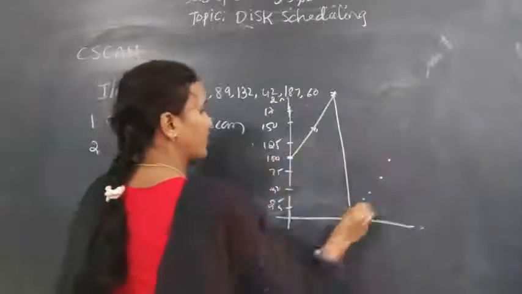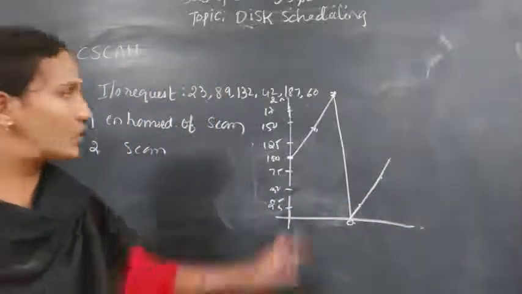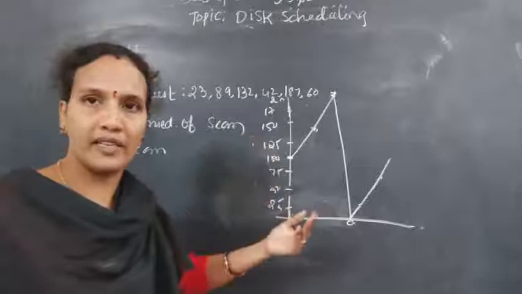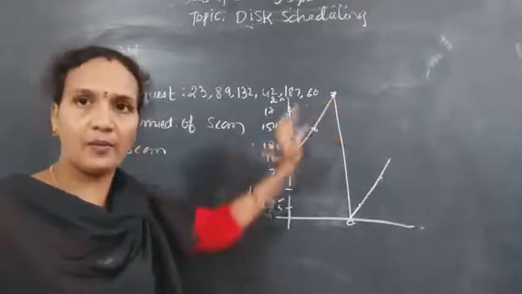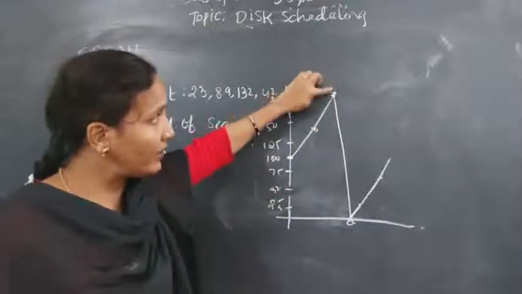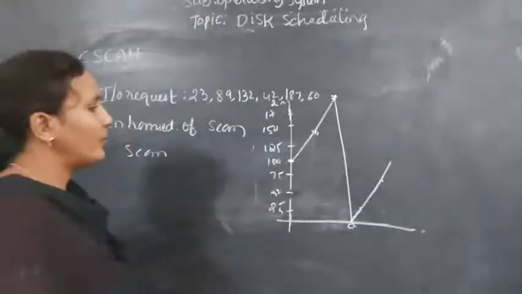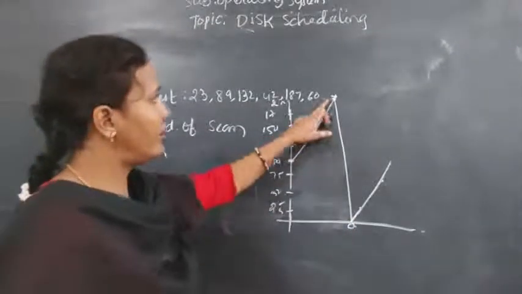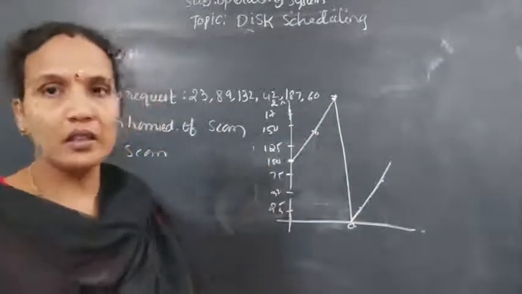Again, it will move like this. Just one extra point we added here: the initial point to one end, it may be down or it may be up. Again, after that, immediately it will touch the initial point. So when it moves to the other end, immediately it will touch the initial point, the starting point. Only that is the variation.